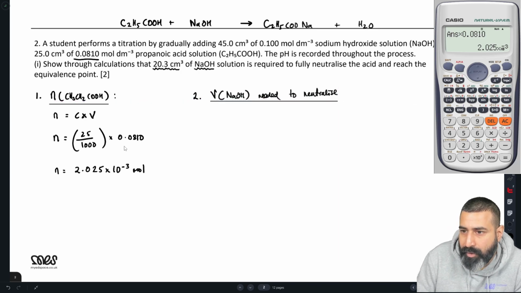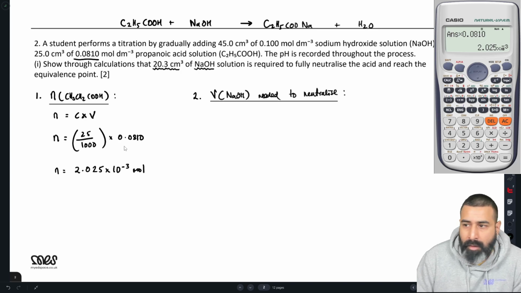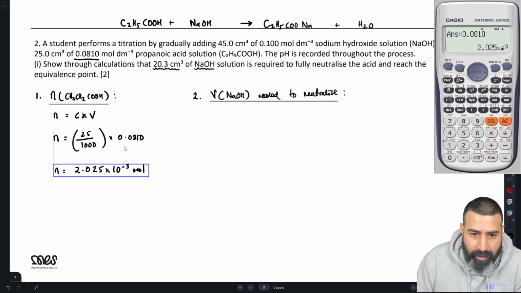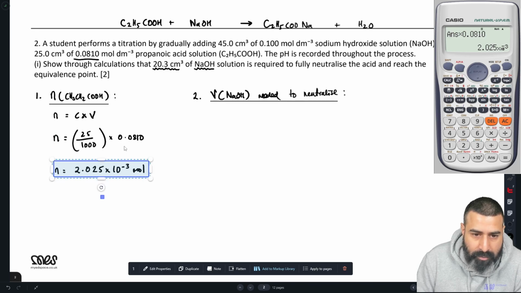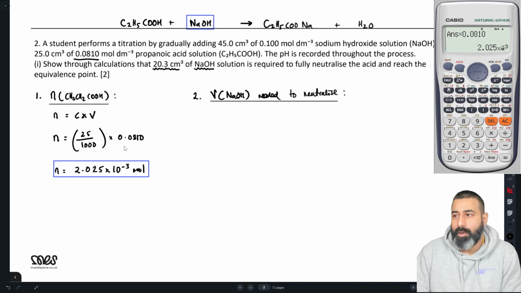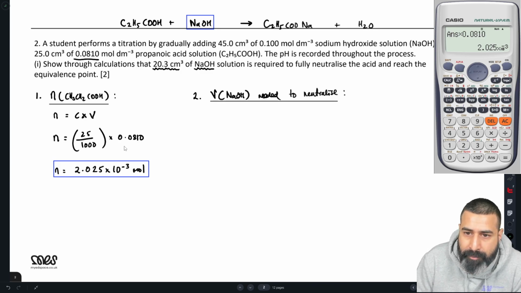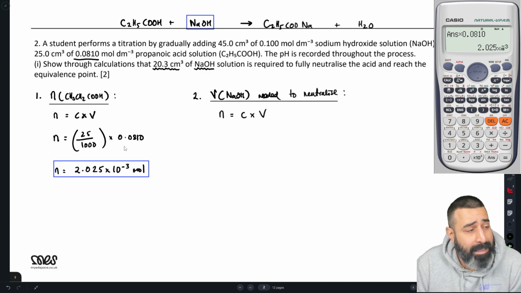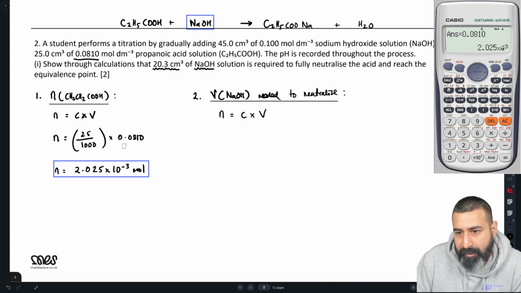So this number of moles is going to be equal to the number of moles of sodium hydroxide at the neutralization point, or the equivalence point. If we look at the formula that we first stated, n equals c times V, we're trying to work out the volume. So let's rearrange and divide through by the concentration.